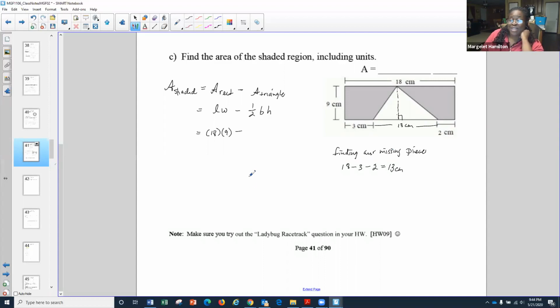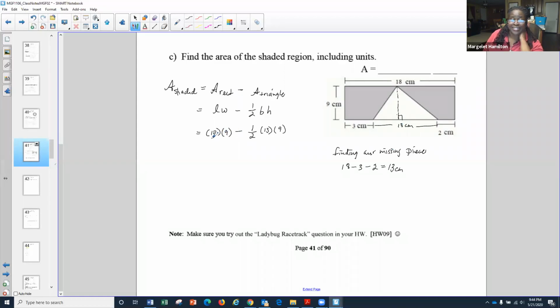So now we found our missing piece. We can finish our triangle part. So we have 1/2. The base now we know is 13 and our height is 9. Is everybody all right so far? If not, go back and rewind just a little bit and I'll walk you back through.